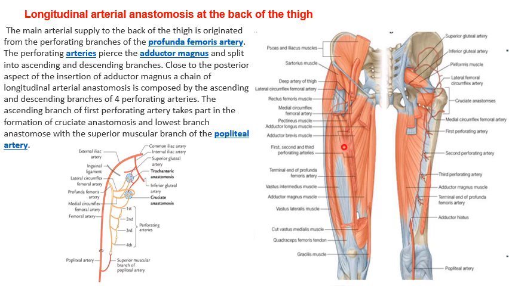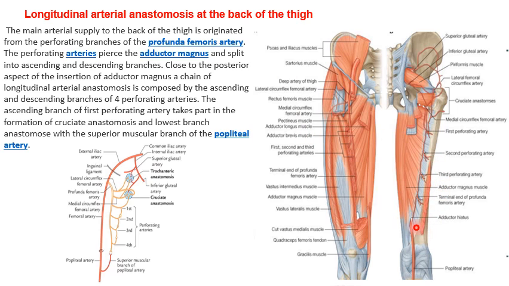These are the 1, 2, 3 and 4 perforating arteries. They pierce the adductor magnus and then go over the back, dividing into ascending and descending arteries, which are anastomosing here. Okay, so this is all the longitudinal arterial anastomosis.